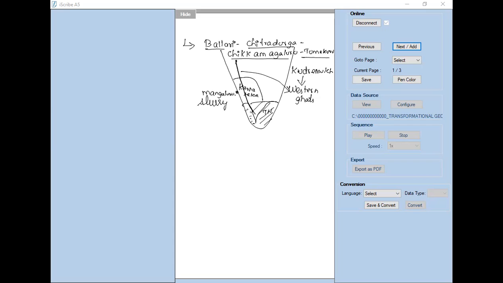And next, if you go above Karnataka, there is a small state called Goa. If we go above Goa, we have Maharashtra. And next we are going to see Maharashtra Goa belt.